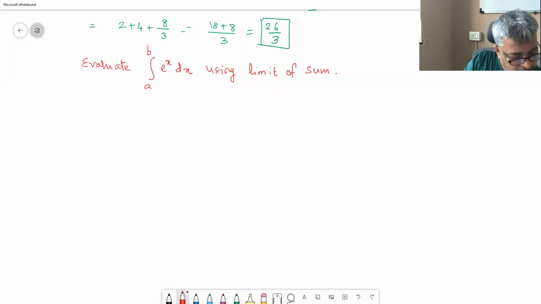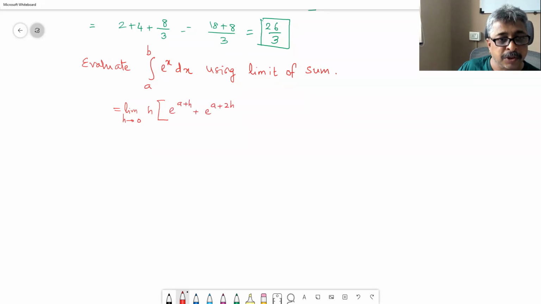Okay, so directly writing the limit h tends to 0, h inside bracket e raised to a plus h plus e raised to a plus 2h plus dot dot plus e raised to a plus nh, where nh is equal to b minus a.